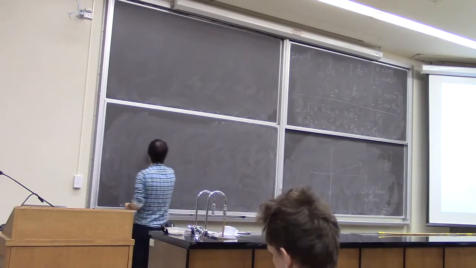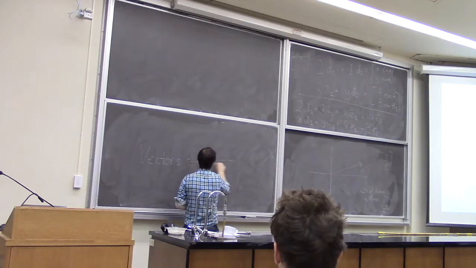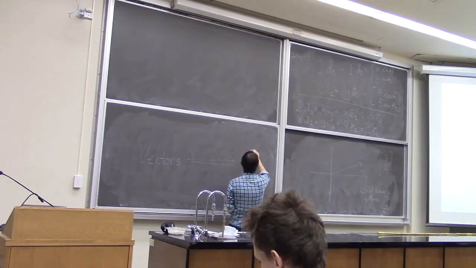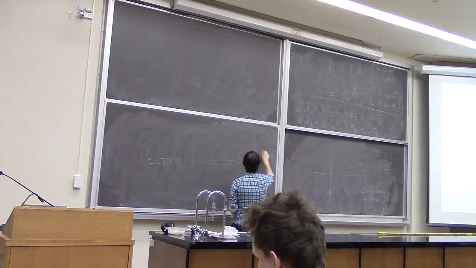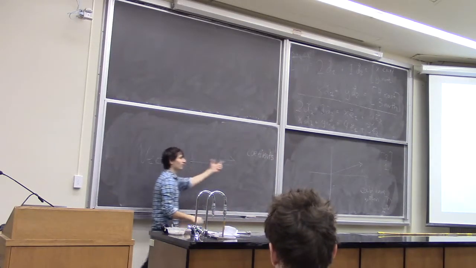It's vectors, they get converted into coefficients. How would you convert a vector into coefficients?